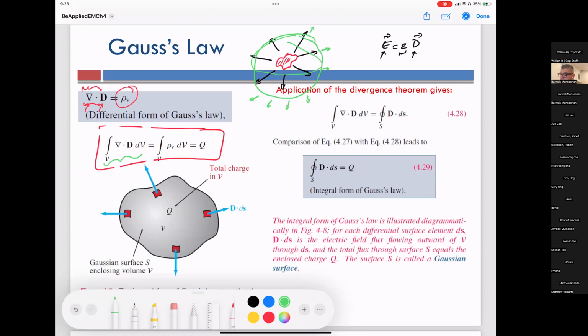Nothing tells me that I have to take the flux lines right at the surface here, because that would make for a very difficult surface integral. I can take a step back and define a shape I like. The sphere is popular for something like this because it's relatively easy to take the integral along the sphere, take the flux lines along the sphere, integrate them, and get the total charge inside the volume.